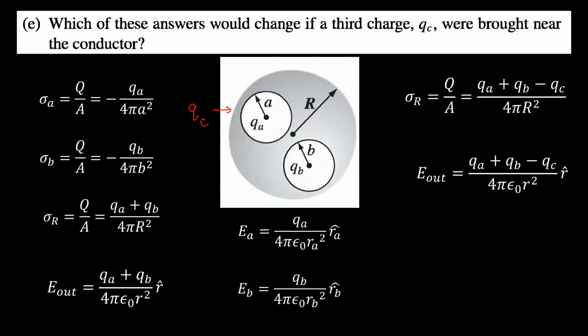By bringing this charge here, definitely the surface charge will get affected, no doubt about it. That is the surface charge sigma R. Then sigma a, the surface charge at cavity a, surely will not be affected, so this will be okay.